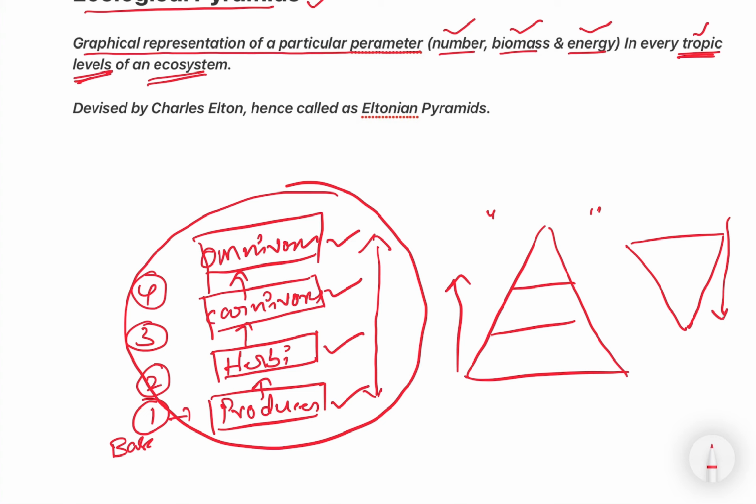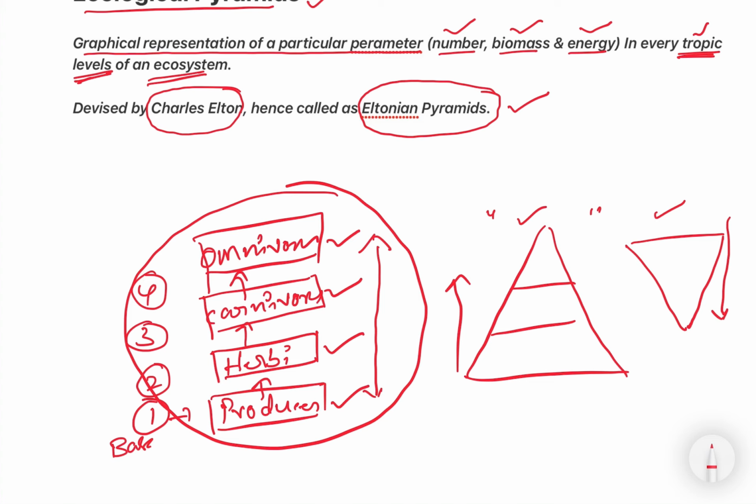Let us understand these upright and inverted pyramids with a few examples. This ecological pyramid was first devised by Charles Elton, and hence these pyramids are also called Eltonian pyramids. Hopefully you now understand what ecological pyramids are.